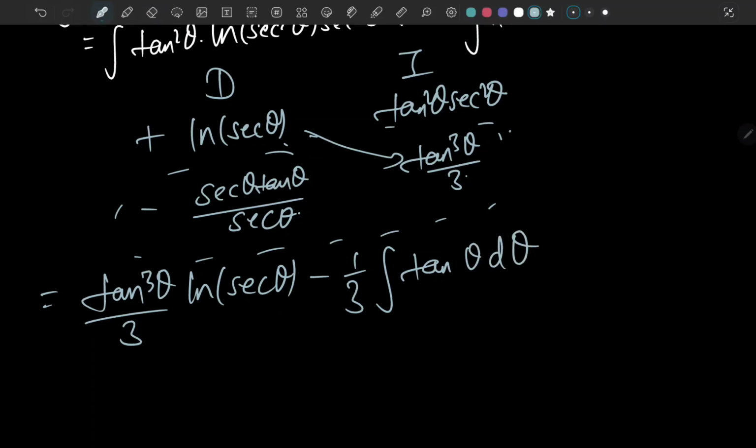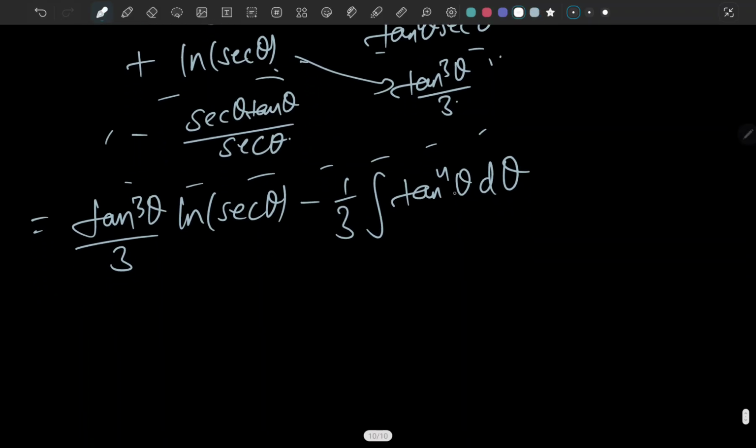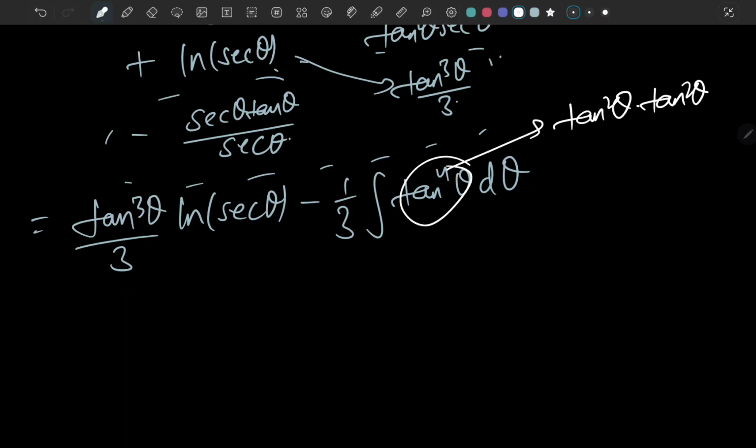Well, how are we going to do that? Tangent to the 4 theta is easy to evaluate also, because we can write this as tangent square theta times tangent square theta, right? But then what?